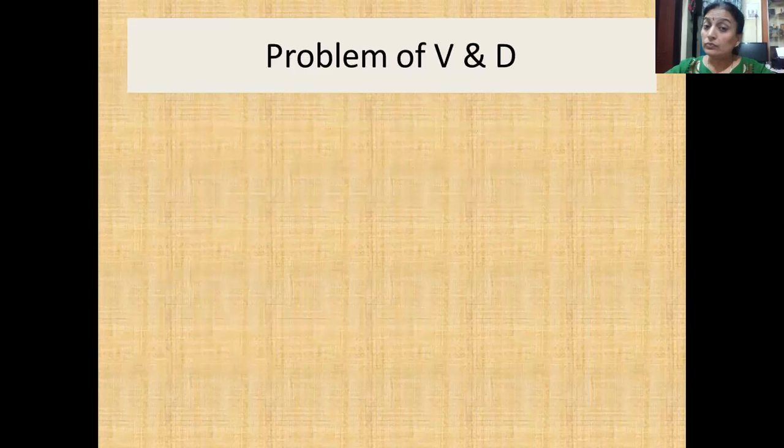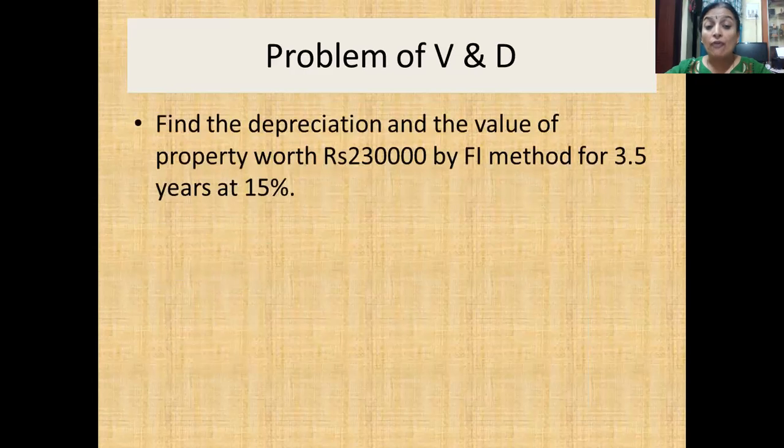And let us solve one problem wherein we have to calculate both V and D. Find the depreciation and value. First, calculate the depreciation, that is, apply the formula of D. And then let us apply the formula of V, or directly we can calculate V is equal to P minus D. Here, property worth rupees 2,30,000, this is P, and FI method for 3.5 years, that is, N is equal to 3.5.